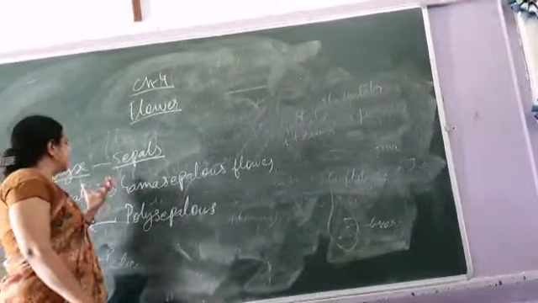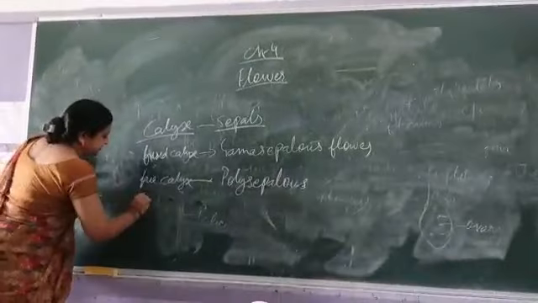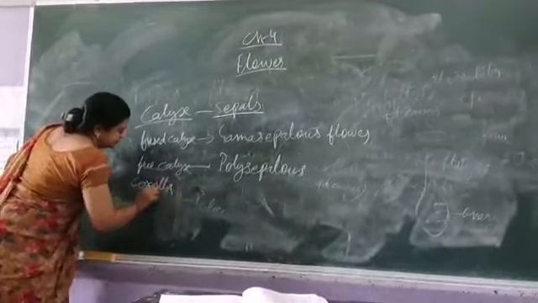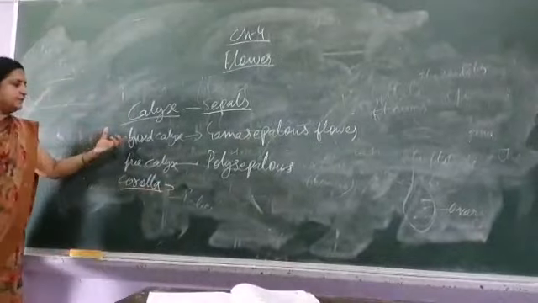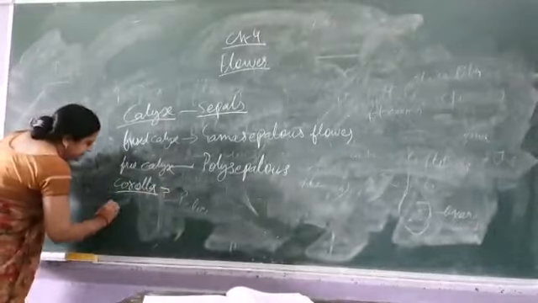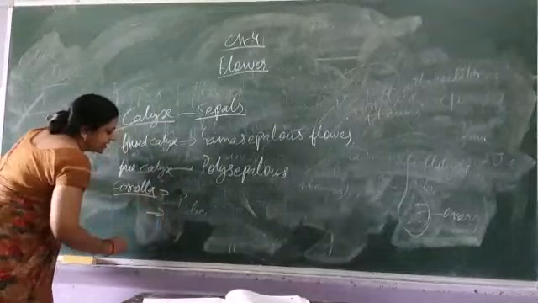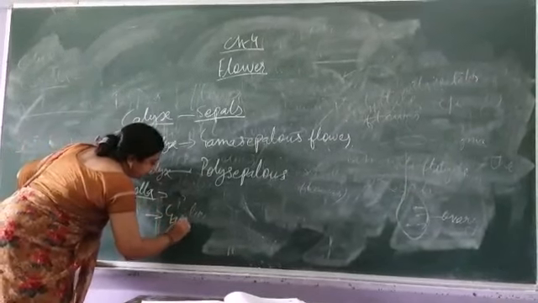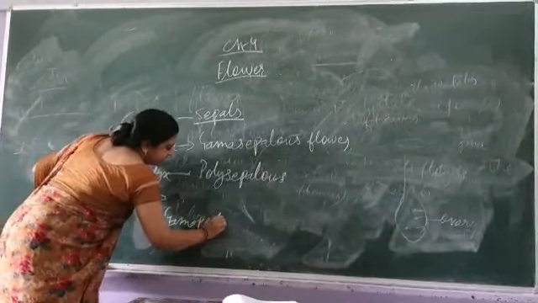In the same way, we will see in the corolla, if the petals are fused, then that type of flower is called gamopetalous.